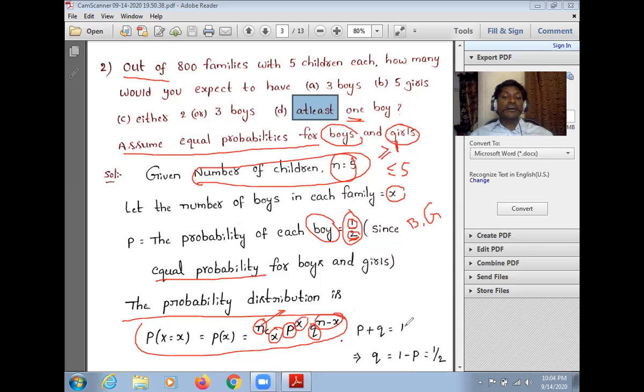The relation between p and q is that success probability plus failure probability is equal to 1, so q is equal to 1 minus p.